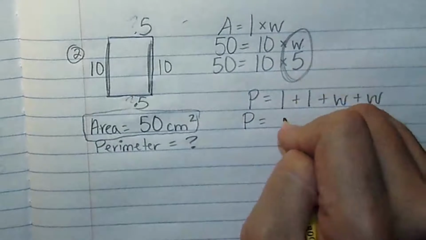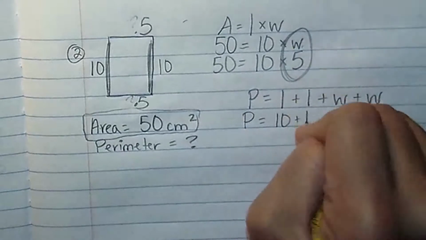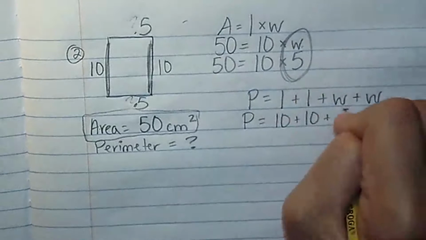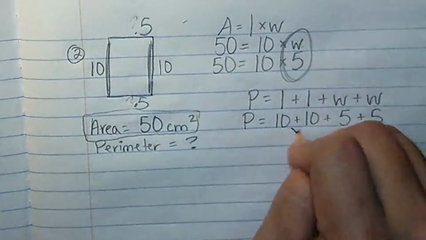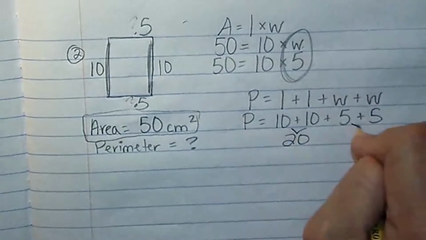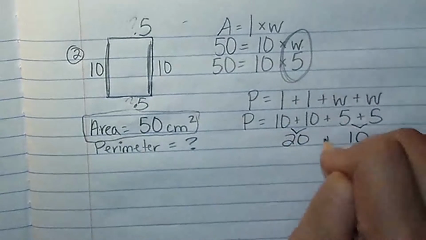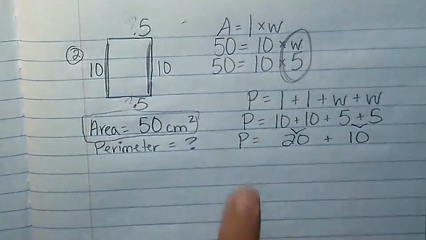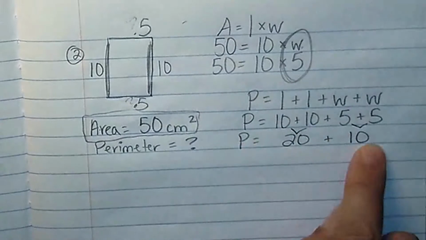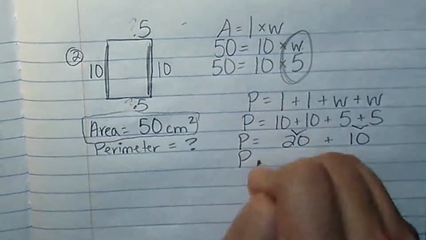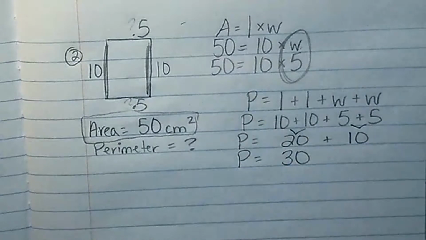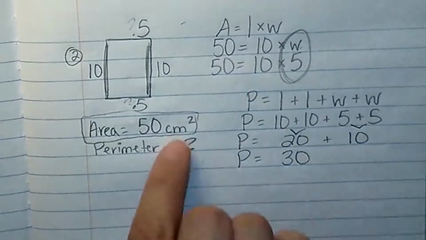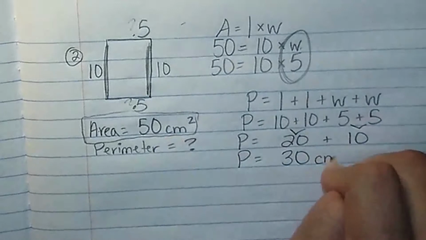But I know the length. 10 plus 10 plus 5 plus 5. 10 plus 10 is 20. 5 plus 5 is 10. Remember, we're going to write that every time. Perimeter equals 30 chickens? No, 30 centimeters.